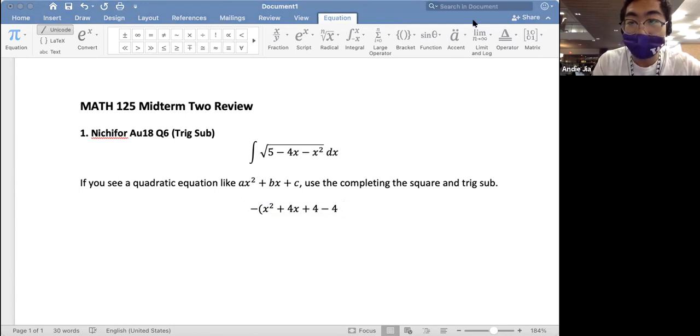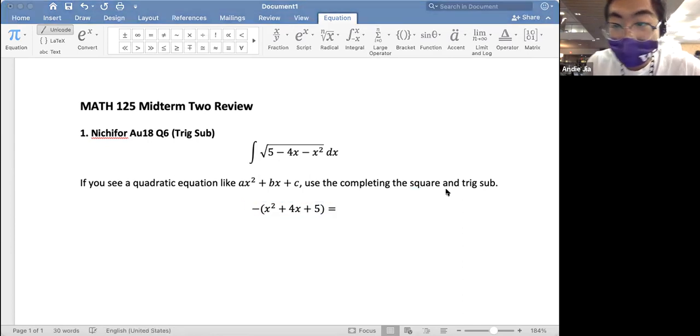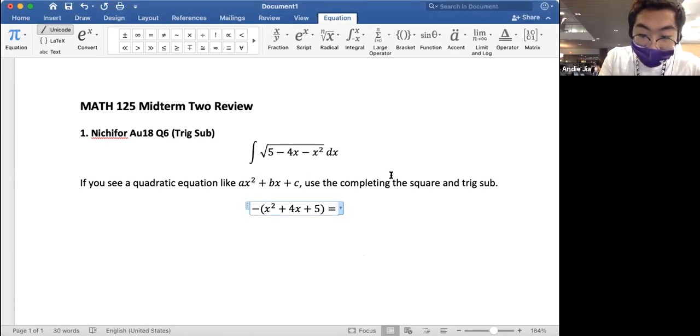Okay, I need to do this. So 5 is equal to negative (x squared plus 4x minus 4).